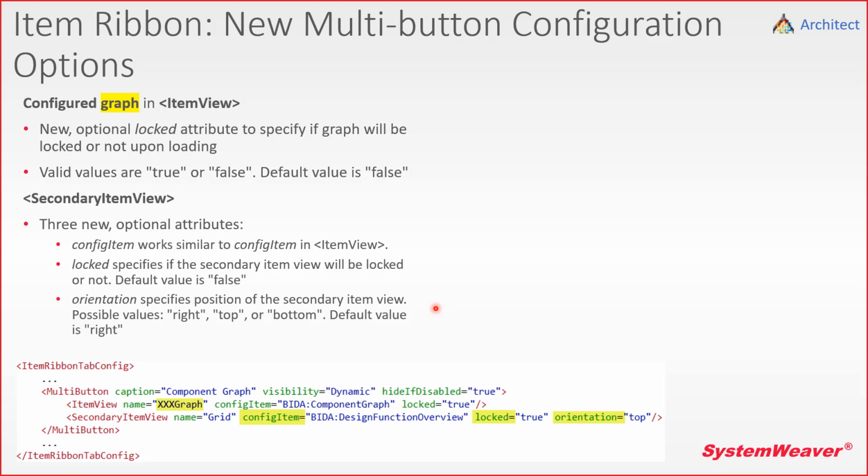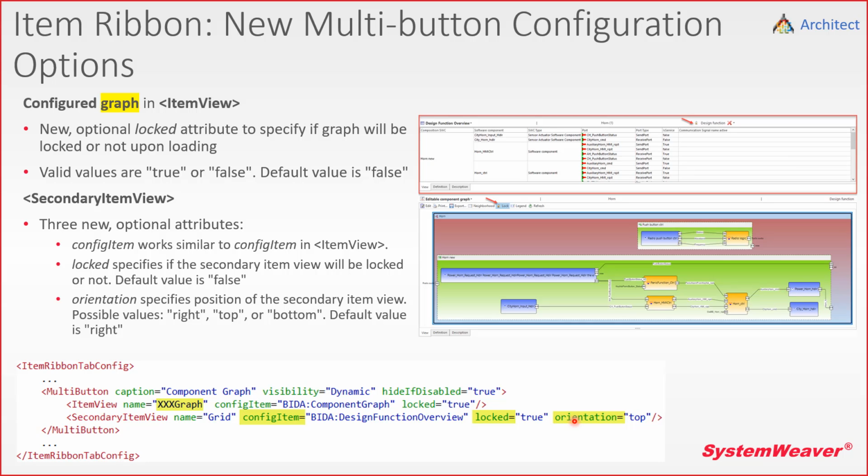And here's an example of a multi-button configuration. You've got an item view, which is a graph, this particular graph configuration, and it's set to be locked. And the other part of it is a secondary item view. It's a grid, this particular config item grid, and it's also set to be locked upon loading, and it's going to appear at the top.